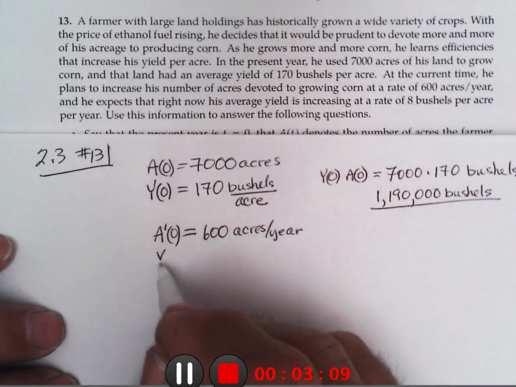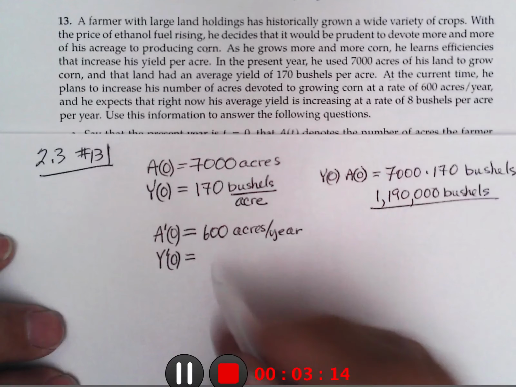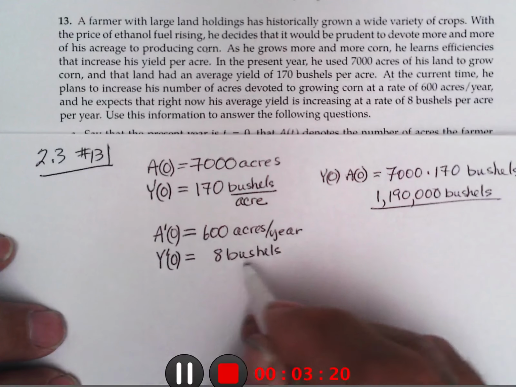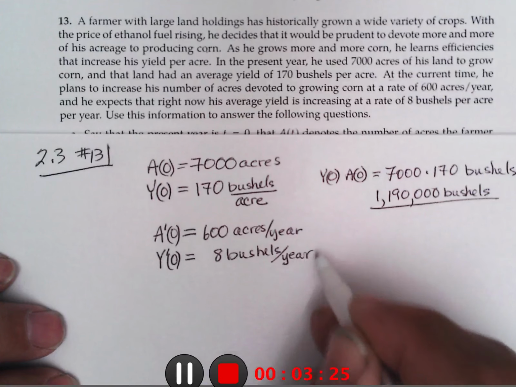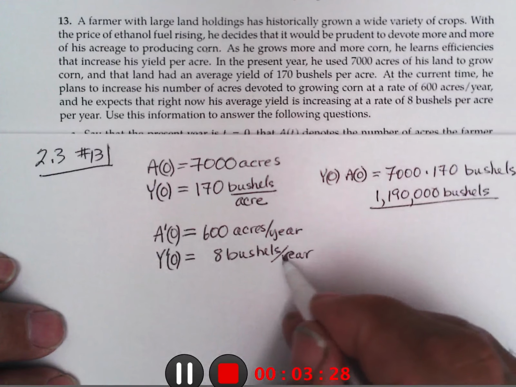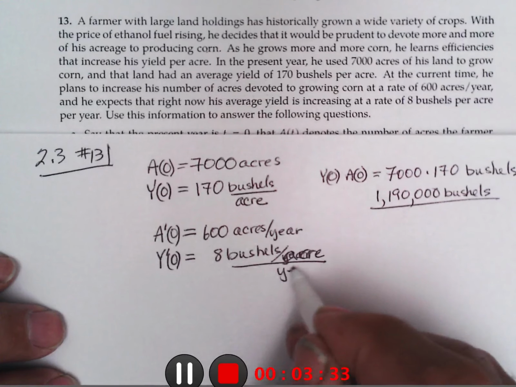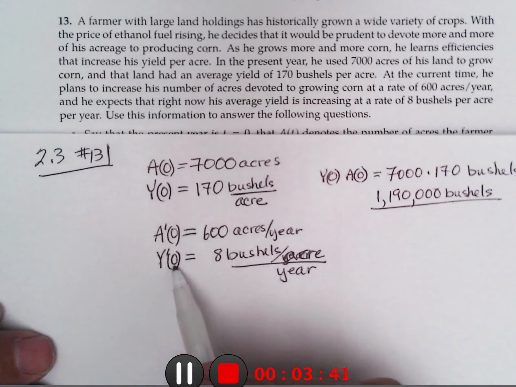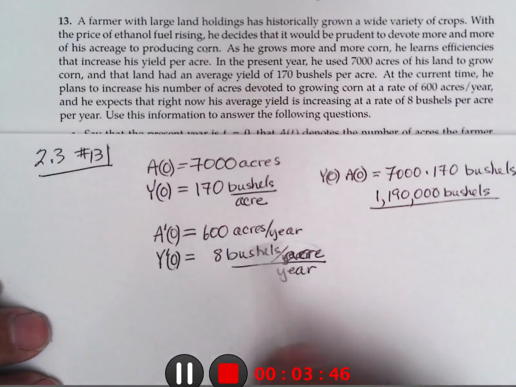Right now, the change in his yield is 8 bushels per acre, excuse me, increase per year. Okay? Because this is the change, and the change in variable is time, so it's per year. And the yield is bushels per acre per year.